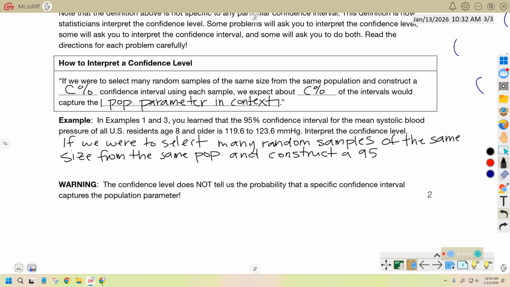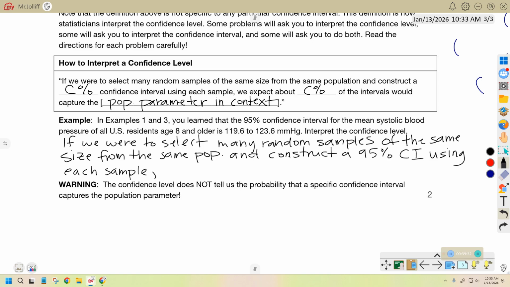Construct a 95% confidence interval. I'm going to write that as CI, using each sample, comma.